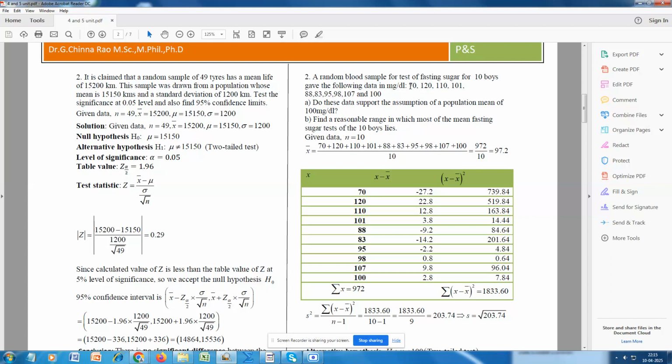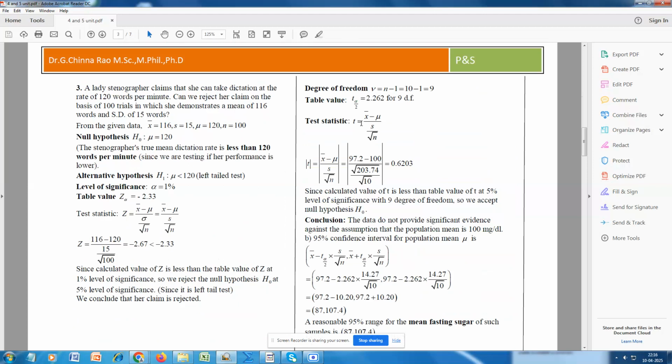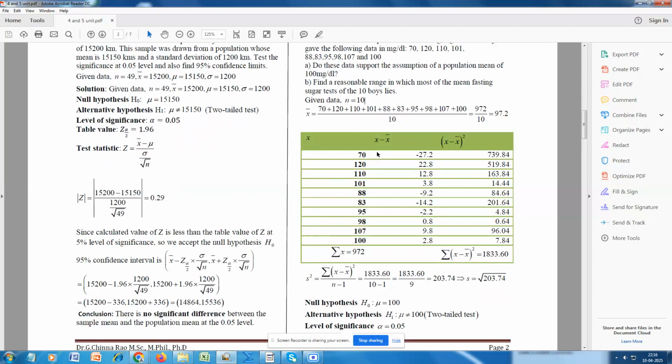So, given how many sample points? 1, 2, 3, 4, 5, 6, 7, 8, 9, 10. So, sample size n is 10. And to find test statistic, we require x bar, mu, s.